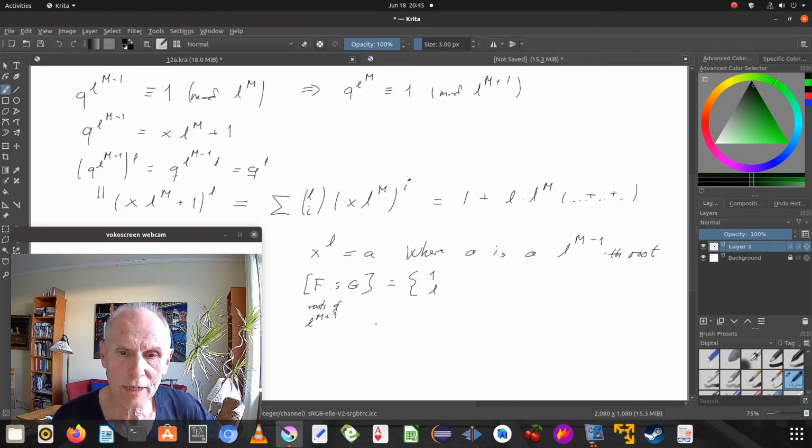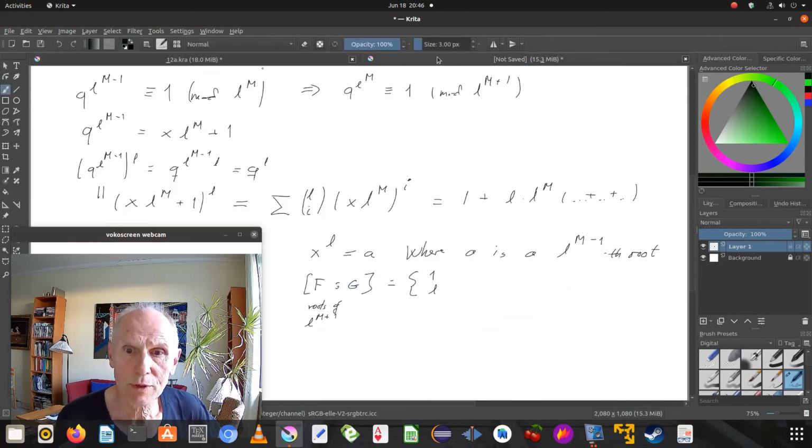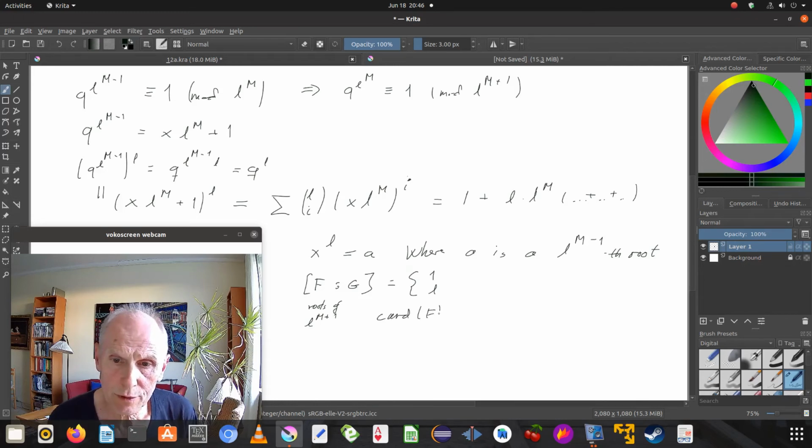So either they have the same order, so it has the same form, L to the same m as before, or it should be somewhat larger. So it's the cardinality we have of f equals the cardinality of g to the lth.